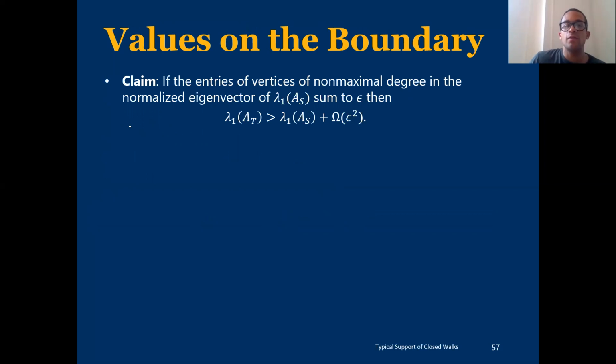Well, if the entries of vertices of non-maximal degree in the normalized eigenvector sum to some small number epsilon, then we claim that we can quantify the amount that we increase lambda 1 by extending at these vertices, based on the value in the top eigenvector.